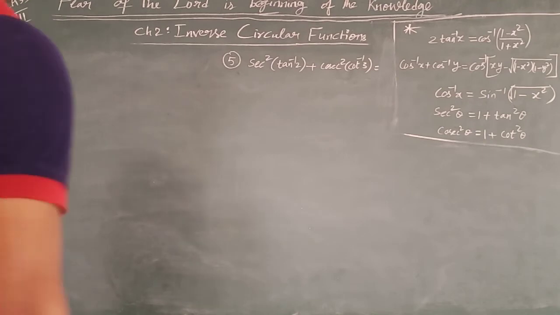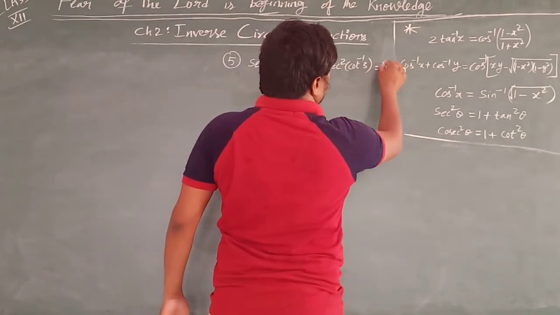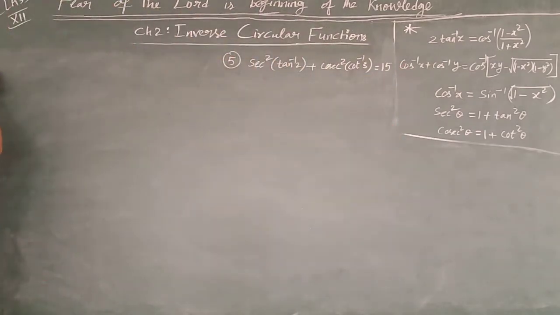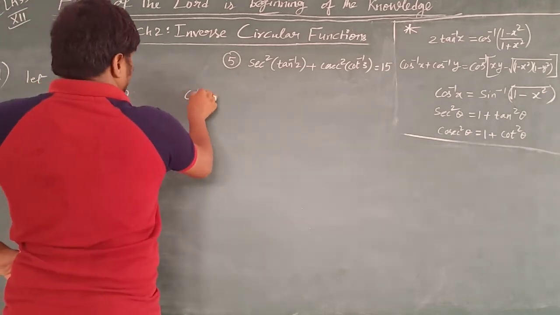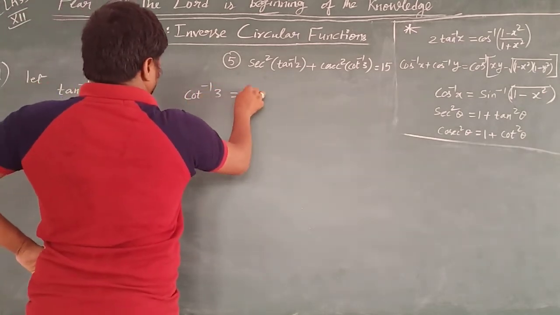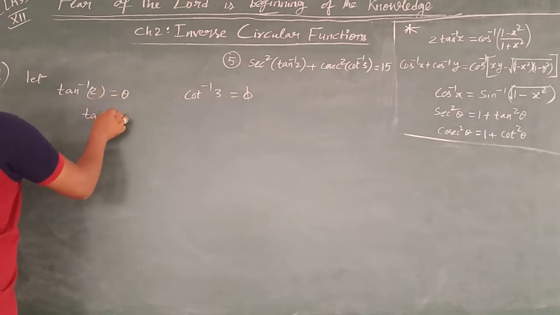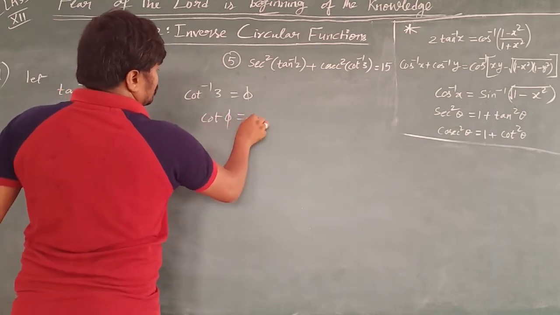Next, 5th problem: secant square tan inverse 2 plus cosecant square cot inverse 3 is equal to 15. This we need to do first. Solution for this. Let tan inverse 2 is equal to theta, and with the same method, cot inverse 3 is equal to phi. Then tan theta is equal to 2, and cot phi is equal to 3.